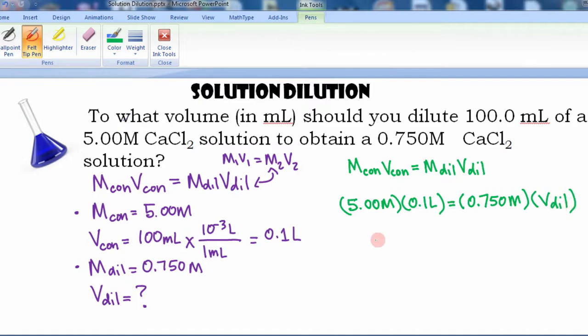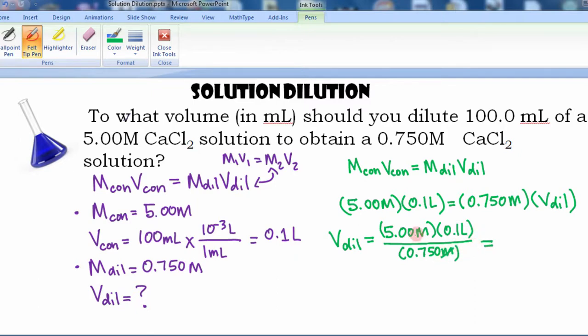Okay, so when we do our algebraic manipulation, we have the volume of the dilute is equal to 5.00 molar times 0.1 liter divided by 0.750 molar, and that is equal to what?